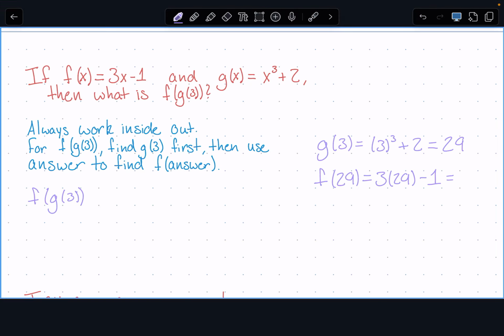What is 3 times 29? That was a great guess, because that is the answer. What is 87 minus 1? 86. I know that sounds like a dumb question, but I want to make sure you're paying attention, that you're getting what I'm saying, right? So f of g of 3 equals 86.